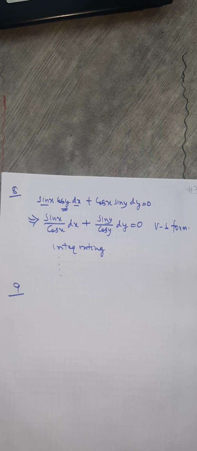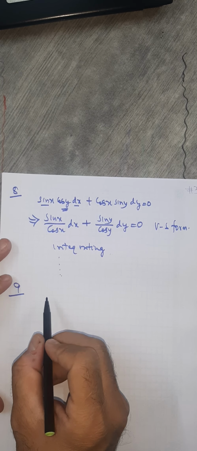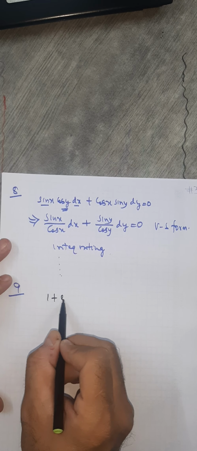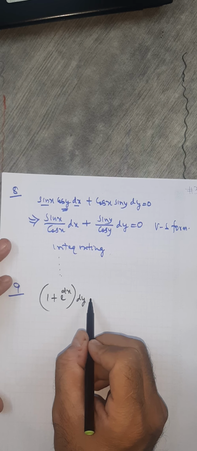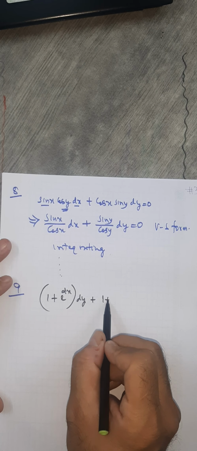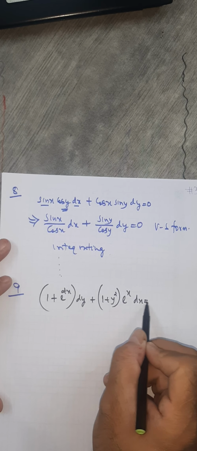Question number 9. 9th question. There also, if you just observe, you can do it by variable separable form very easily. 1 plus e raised to 2x into dy plus 1 plus y squared into e raised to x dx equals 0.